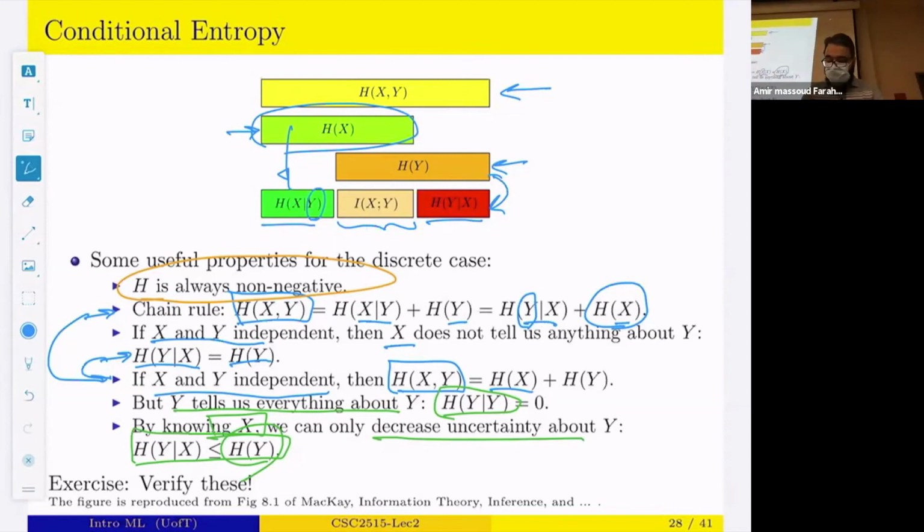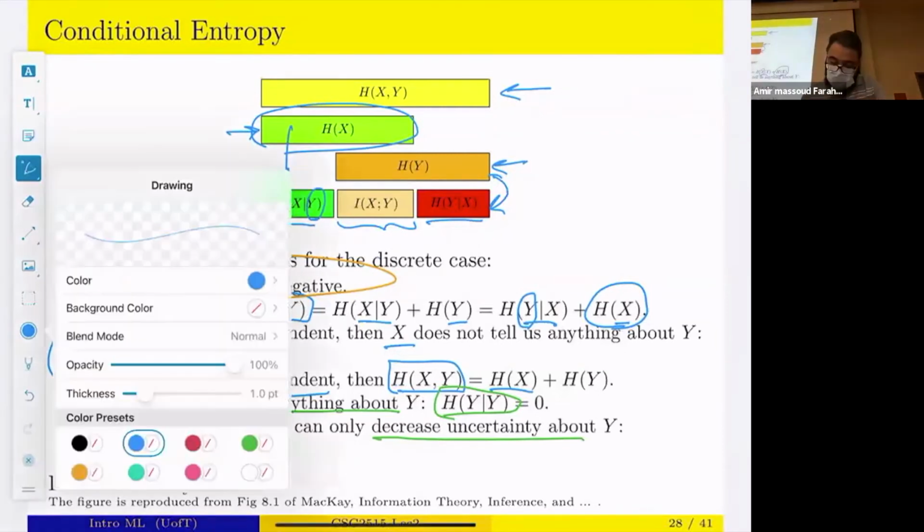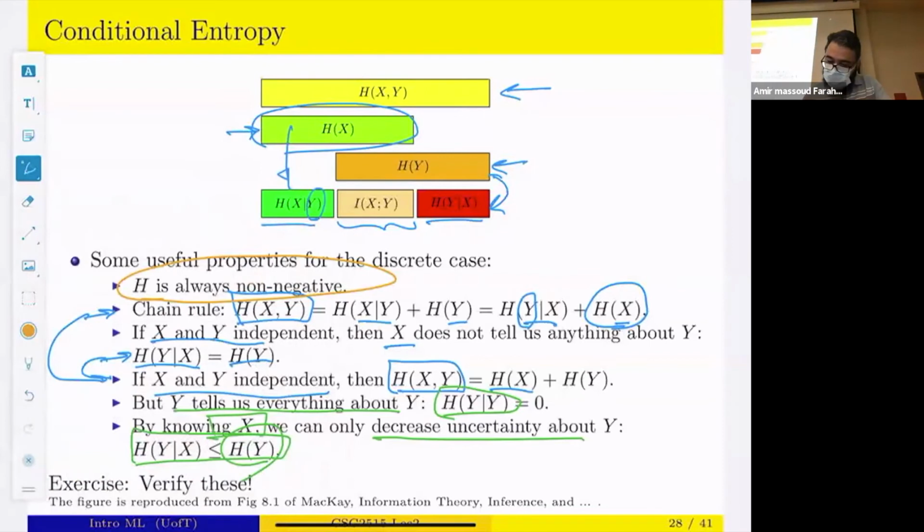I guess most of this relationship can be summarized in this figure if you want to remember it. So for example, H of x plus H of y conditioned on x, if we add them to each other, we get the joint entropy, which is essentially this chain rule that we had, and other properties that I talked about, or at least some of them.